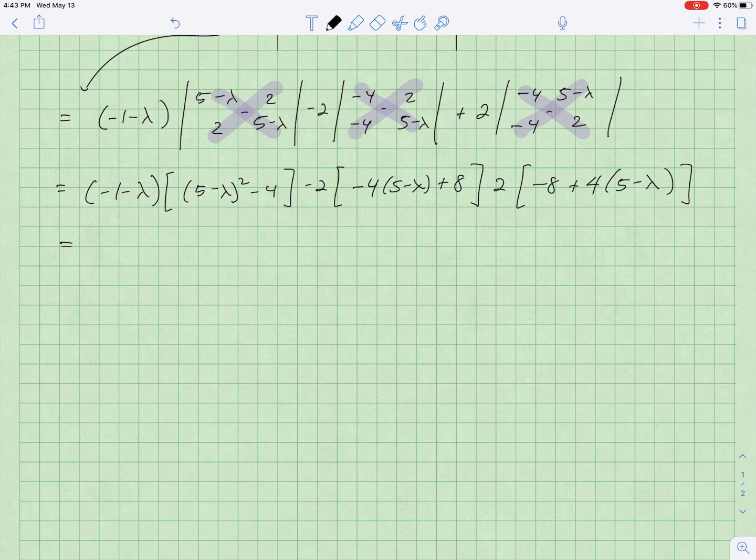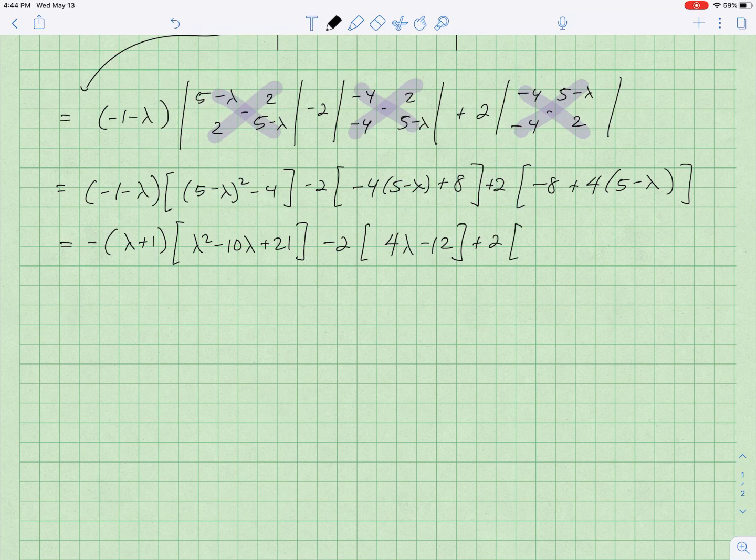So this is negative lambda plus 1 as I factor out a negative 1 there. And this is going to be lambda squared minus 10 lambda plus 25 minus 24 is plus 21, minus 2 times 4 lambda minus 12. Looks like I'm missing a plus sign up there.